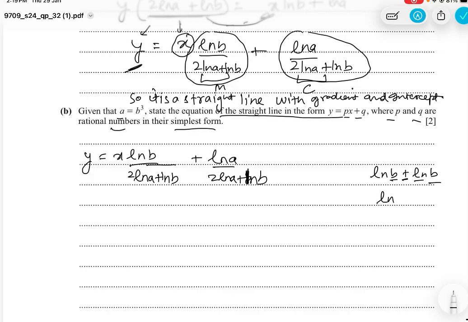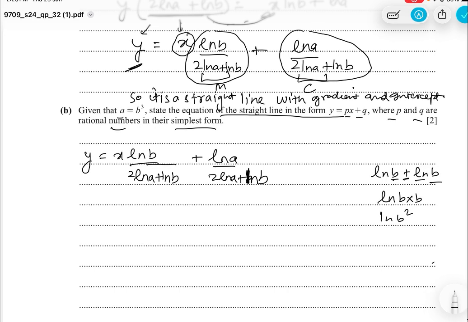So this one would be ln b times b, that would be ln b square. Now let us replace a by b^q. So it would be y equals x ln b upon twice ln b^q plus ln b, plus ln b cube upon twice ln b cube plus ln b.